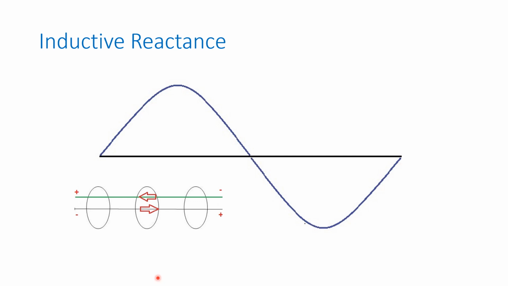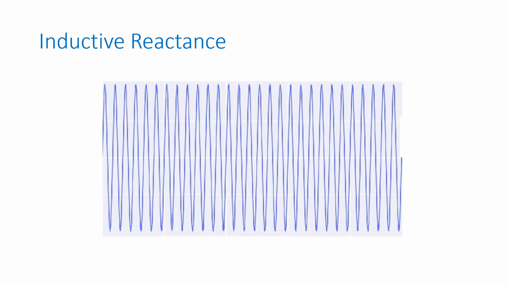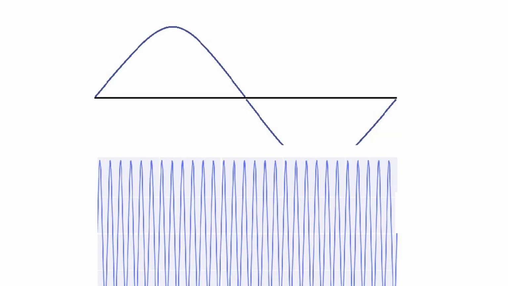But what if I did this? Now, what you're really looking at here, if you count the bumps or the cycles, you're going to find out that the pattern on the bottom is 30 times higher in frequency than the first one.